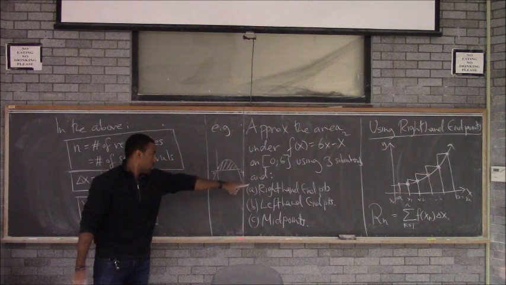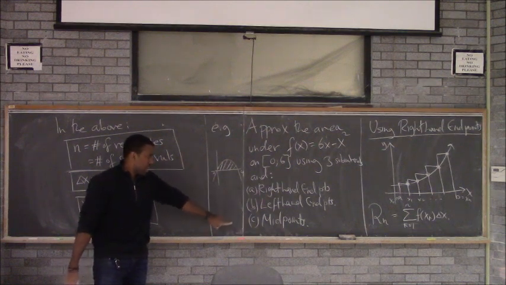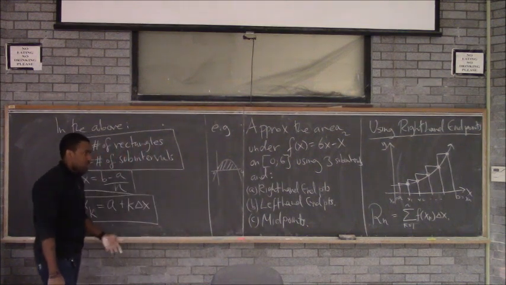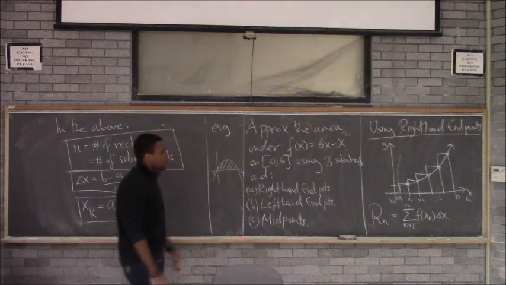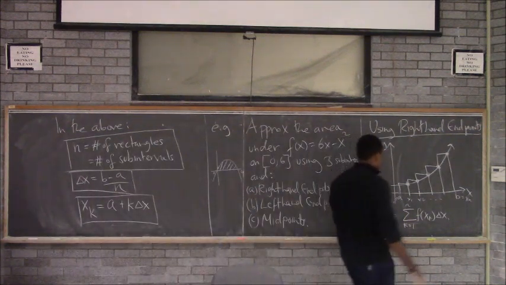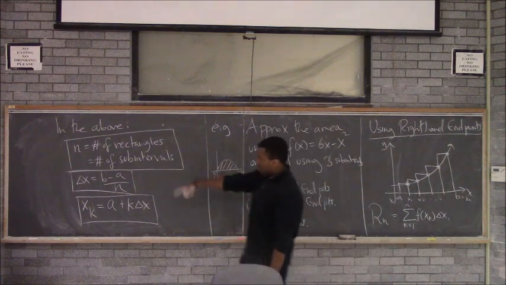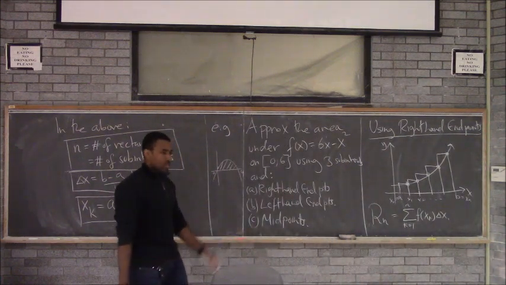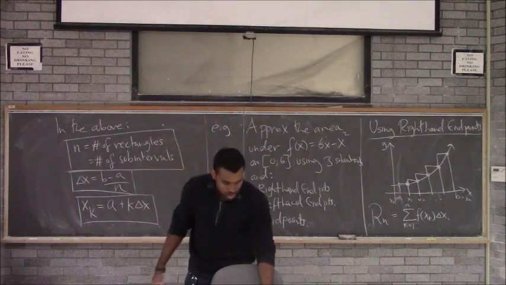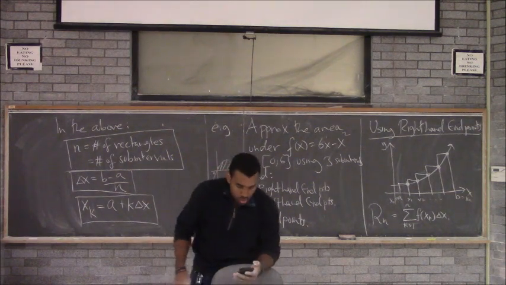Construct the rectangles using the right-hand way, the left-hand way, and the midpoint way. Add up all the areas. Tell me what answer you come away with. And then, next time we'll do that, and we'll move on. You're going to need these formulas to do that. So try them, see what you come up with, and we'll pick up with that next time.